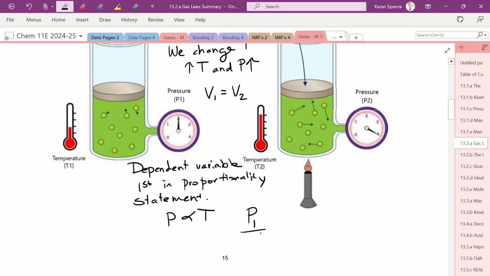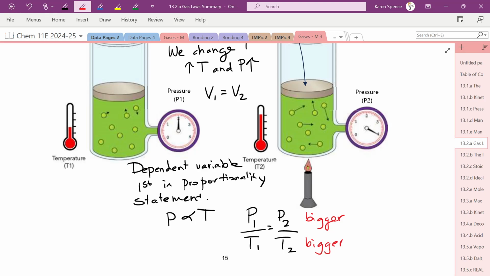P1 over T1 equals P2 over T2, because if we make the temperature bigger, then the pressure also gets bigger. And so the ratio between the two remains the same.